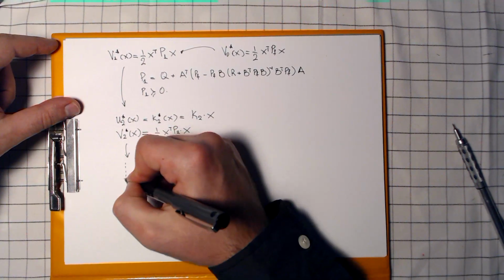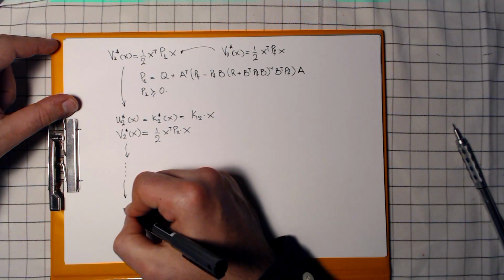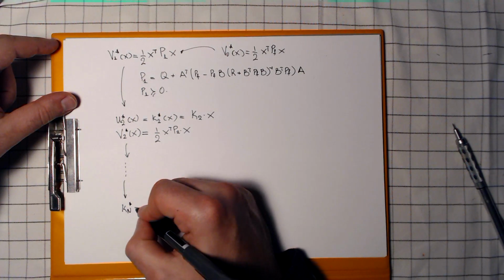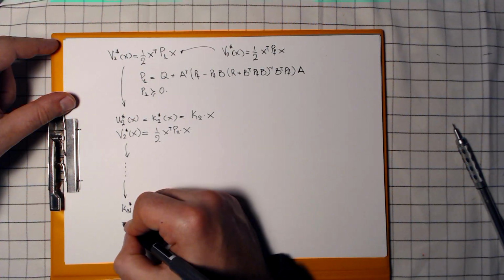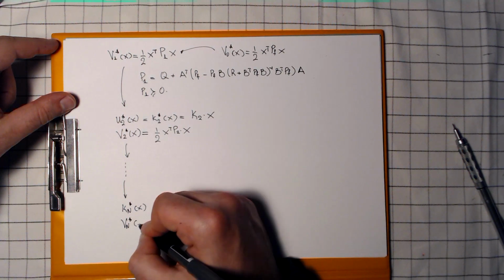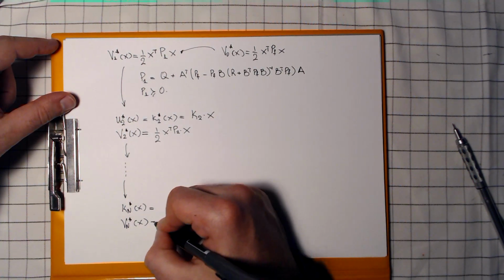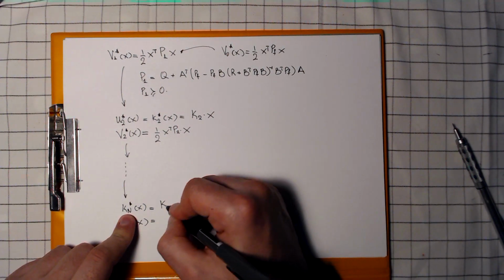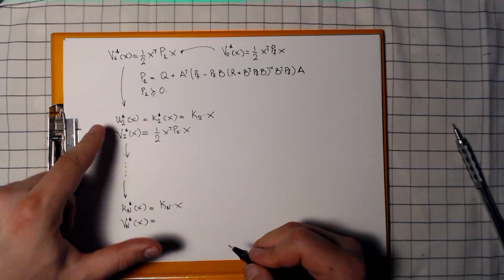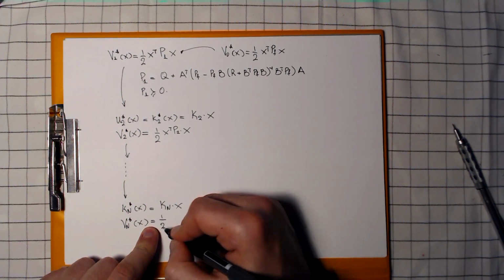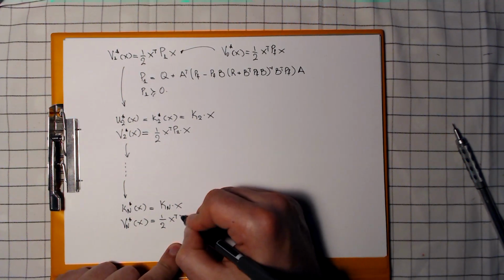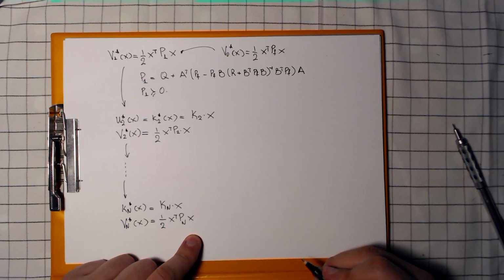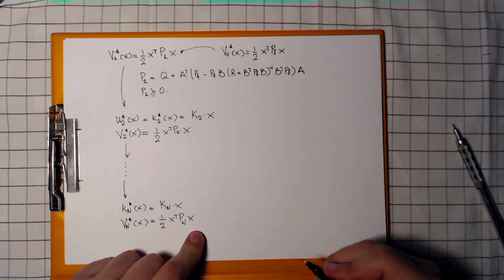And we can keep doing that until we find kappa n star of x and Vn star of x. Every time this one will be linear, some matrix Kn times x, and this one will be quadratic, let's call it Pn. And the way to update these matrices is like that.